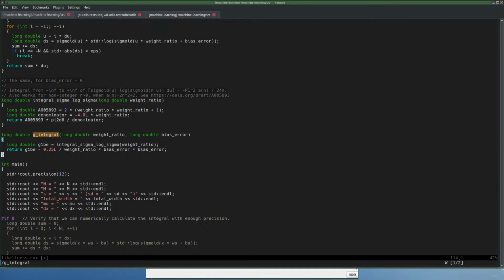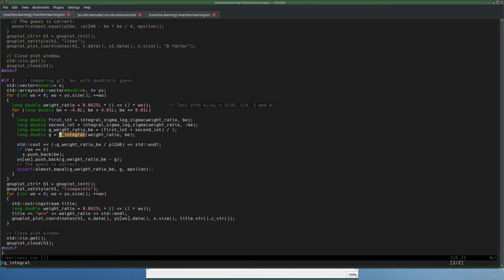It's not clear to me what exactly bias error is now. I guess I can't see what it is here. I have to look at it here. It will be, but then that gets its meaning from the fact that I pass it here to the integral.